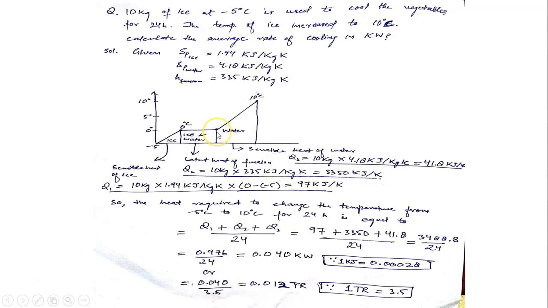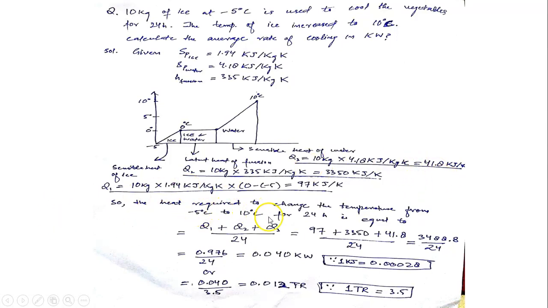Then again, after the full conversion to water, the temperature of water is increased to 10 degrees centigrade, which is again a sensible heat, and is calculated using the 10 kg and this formula, and which comes equal to 41.8 kilojoules per Kelvin.